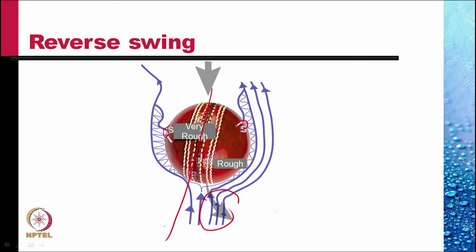As was mentioned earlier, in swing bowling, you expect the ball to move towards the direction the seam is inclined, from the batsman's point of view. And so here one would have thought the ball would swing to the leg wicket, but the ball swings to the off wicket.